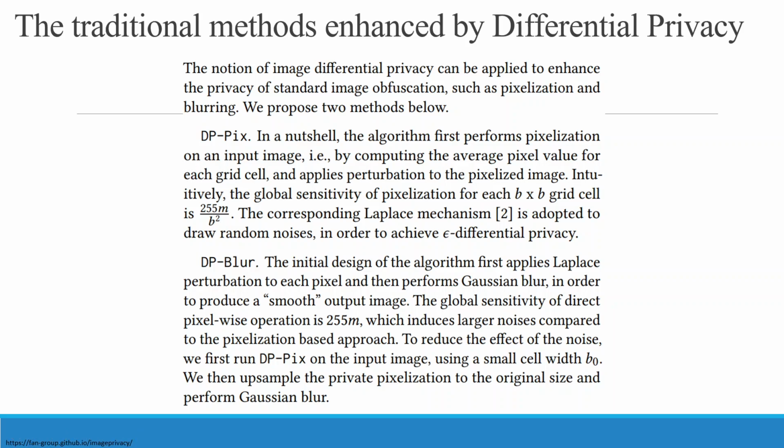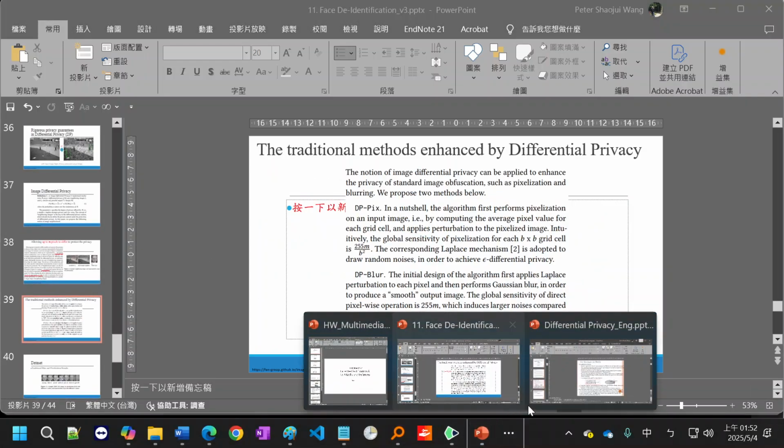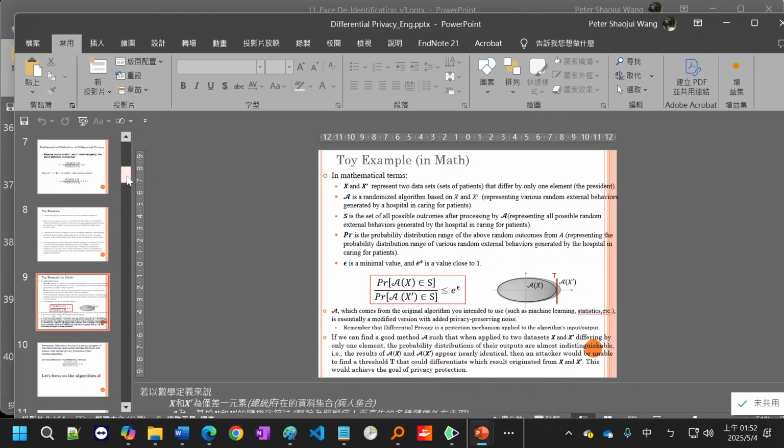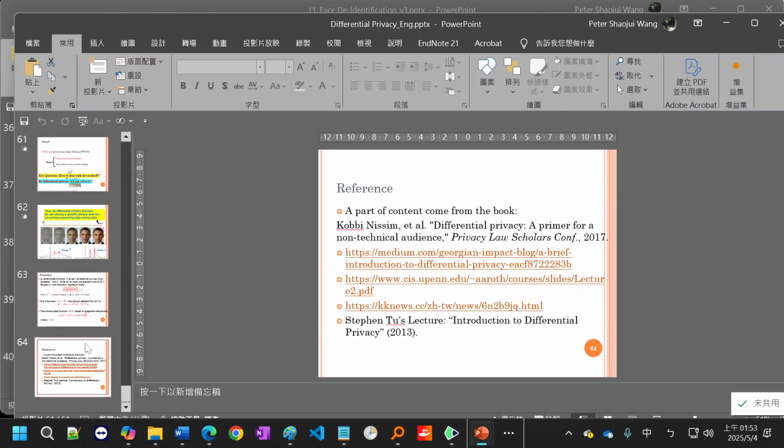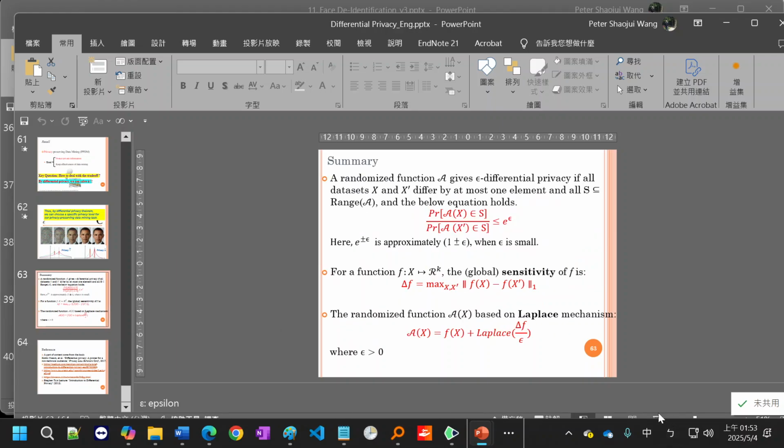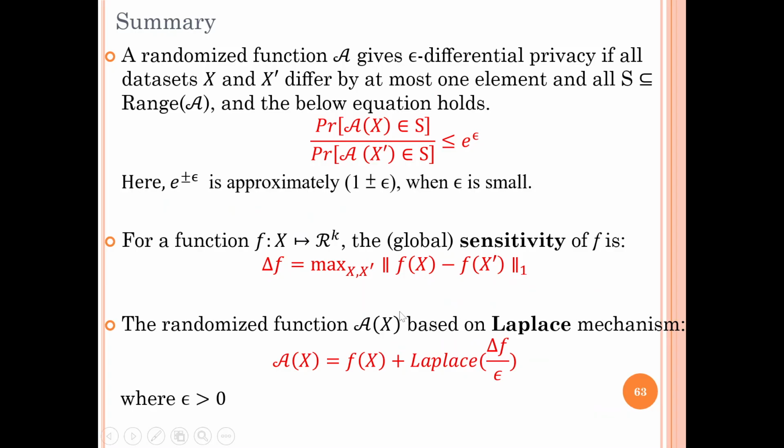As you note, when we introduce differential privacy, the main key factor you should care about is you should define the sensitivity, delta f.